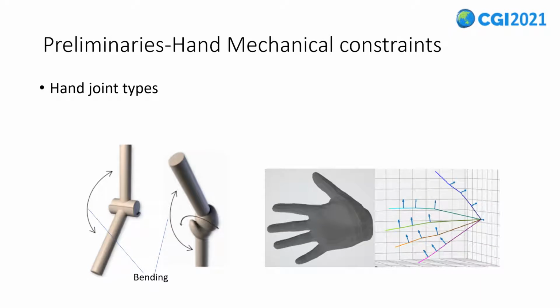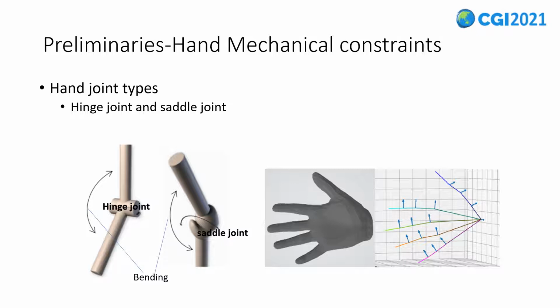We use the anatomical kinematics structure which is also adopted by robotic arms. Such structure employs the same skeleton as shown in the figure, in which hand joints are classified into hinge joints and saddle joints.